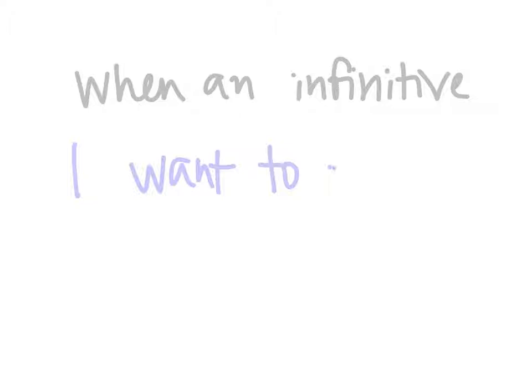Now, stay with me. There's one more thing that I need you to know. When an infinitive is involved after the conjugated verb, like for example, I want to eat fish.